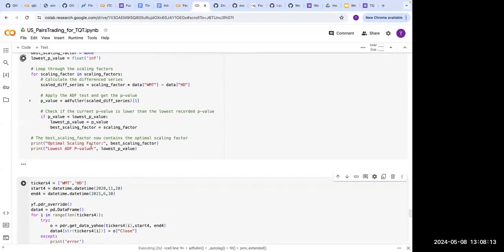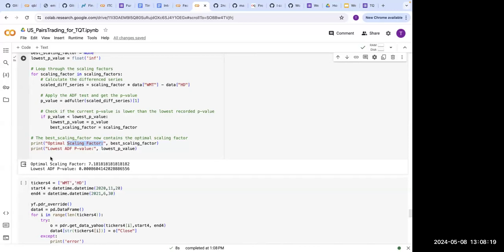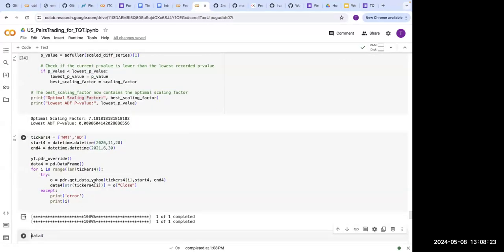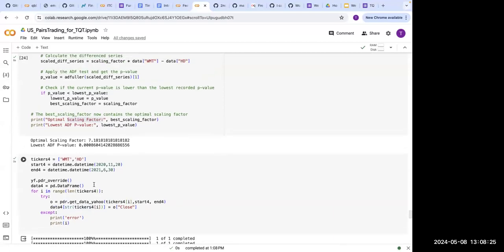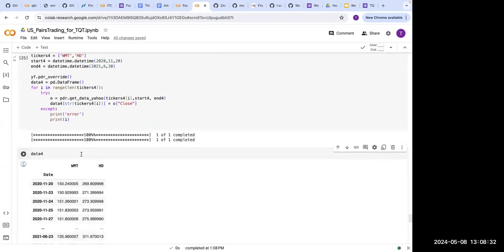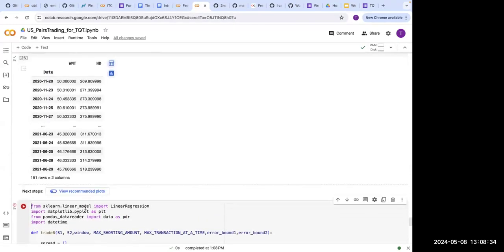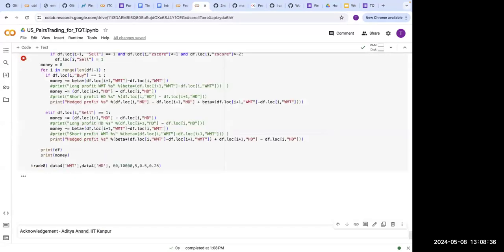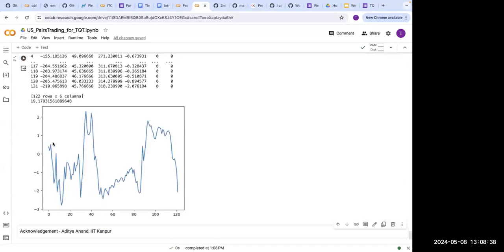So you'll find the optimal scaling factor again. Usually it cannot be predicted. You saw 2 for the first example, 1 for the second one. Now it's about 7, but still they are highly co-integrated. Let's see how the profits are made out of this strategy.